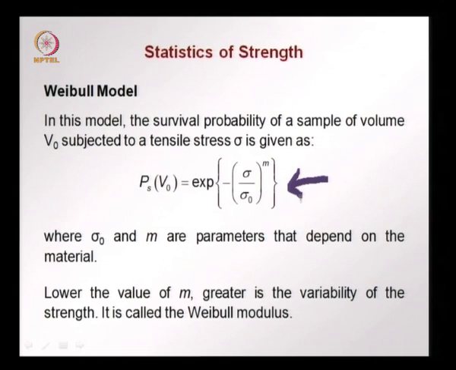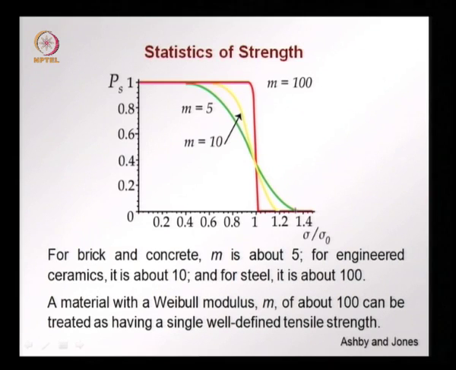The probability that a sample of size V0 subjected to stress sigma will not fail is given by this. Sigma 0 is the mean strength of the material, m is what is called the Weibull modulus. The lower the Weibull modulus, the higher is the variability, and the lower is the probability of survival at that particular stress.